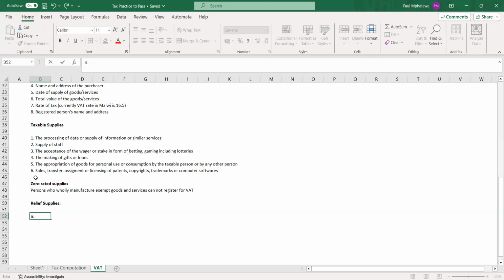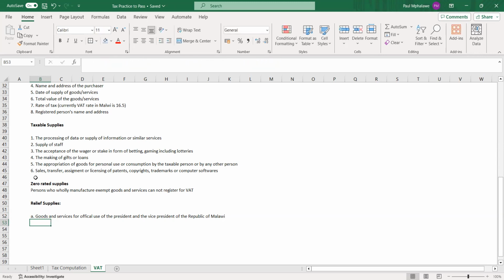Number A, goods and services for official use of the president and the vice president of the Republic of Malawi. Those goods and services are given relief on VAT.